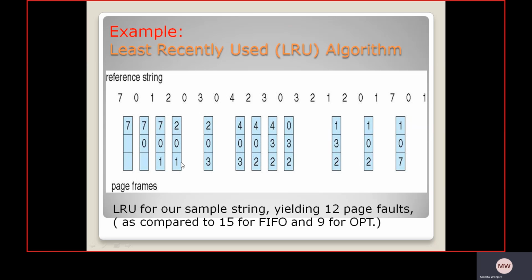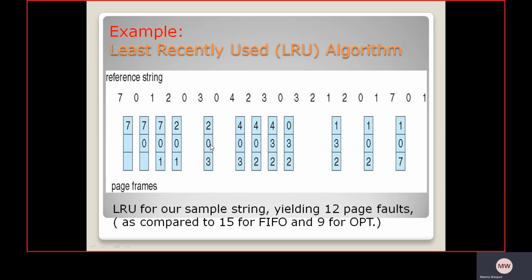After that 0 is there, and then 1. When you put 0, 0 is already present in the buffer, so it is a page hit. Then 3 is put, replacing 1, so we have 2, 0, 3.